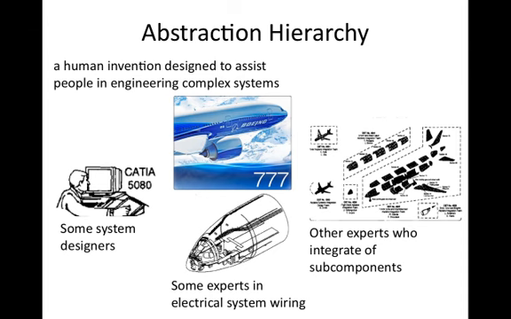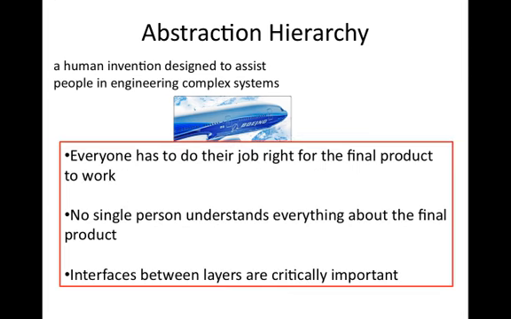And some lessons that we can take away from abstraction: in this case, as you can imagine, everyone building this 777 had to do their job right if this plane was going to fly. We rely on people within that abstraction hierarchy to do their job, and the people who integrate the job to do that properly in order for the product to work. There is no single person who could understand everything about the final product.